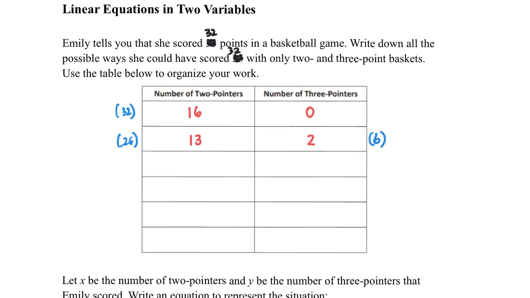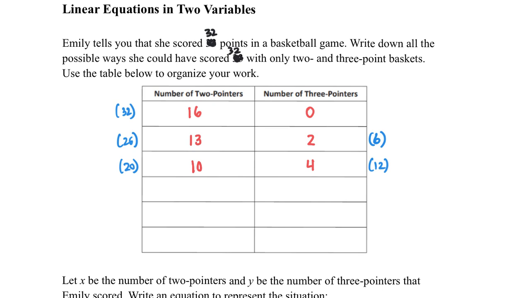So there's your 32. She could have scored 10 2 pointers. That gets her 20 points, which means she needs an additional 12 points, which means she would have scored 4 3 pointers. That gets her 12 points there.